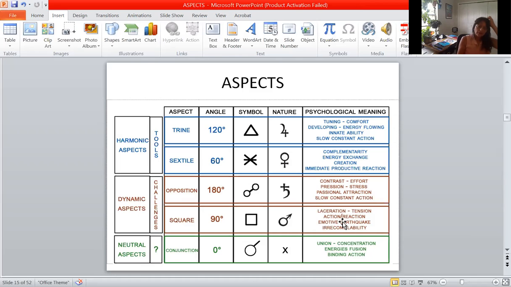So if you think about the opposition, let's take a couple to look at. Let's look at Aries, which we know is cardinal fire. And if we look at Libra, its opposite, it's cardinal air. So we have at least cardinal in common, right?